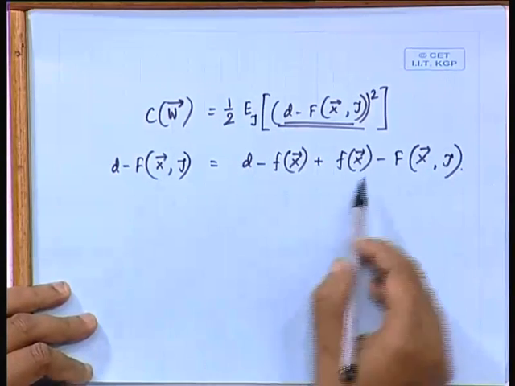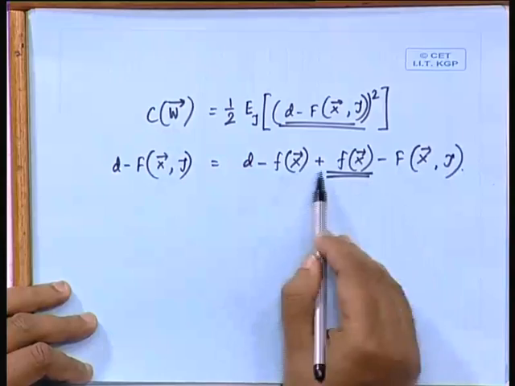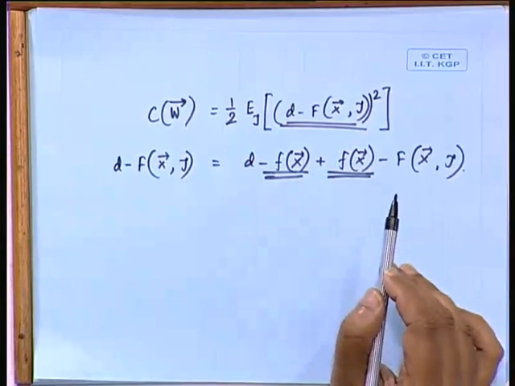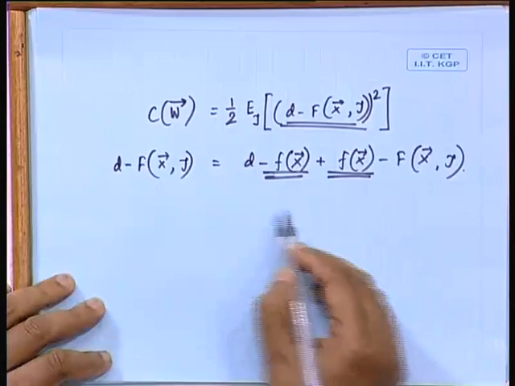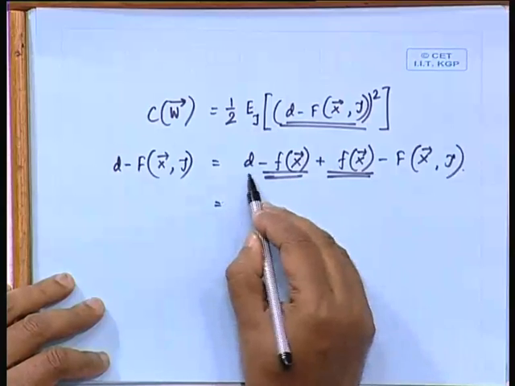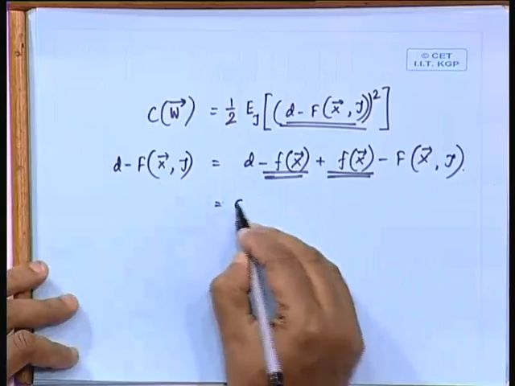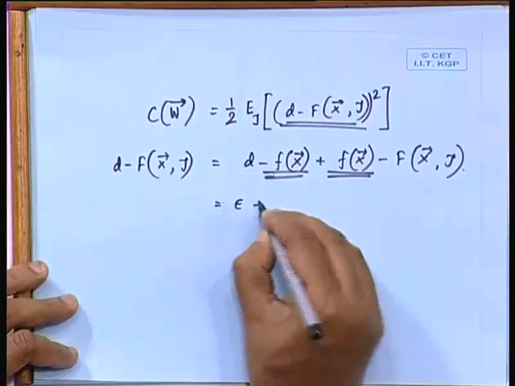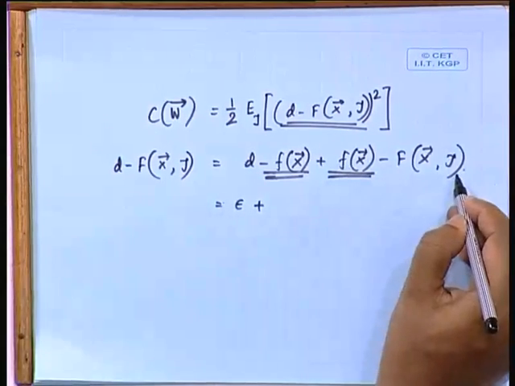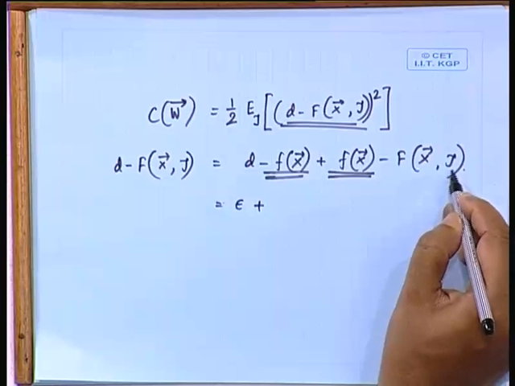I just added one f(x) and subtracted one f(x), nothing more than that. Now, let us interpret this. What is d minus f(x)? d minus f(x) is epsilon. So, it is epsilon plus f(x) minus F(x, T).